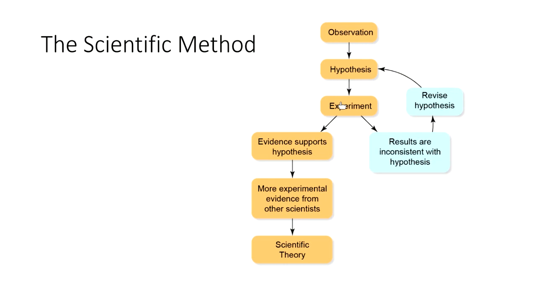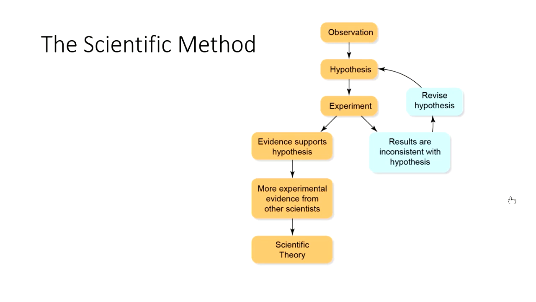So you will change your hypothesis based on what you got in your experiments and start the process again. And you will probably stay in this cycle until your hypothesis is correct, because it agrees with your experiments, and because other people are getting the same result as you, and then you formulate a scientific theory. Okay?